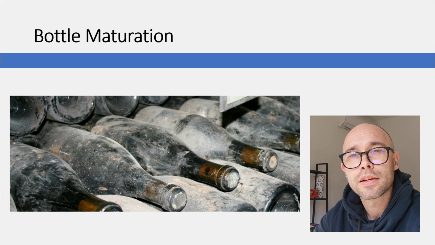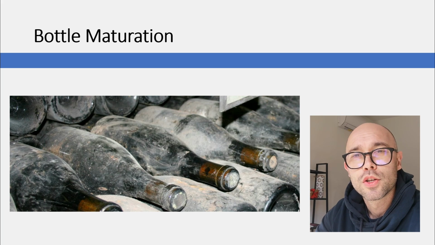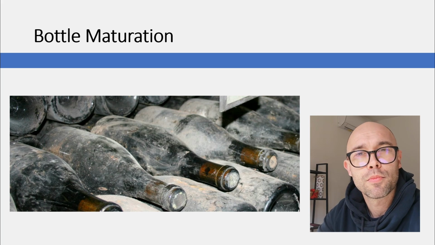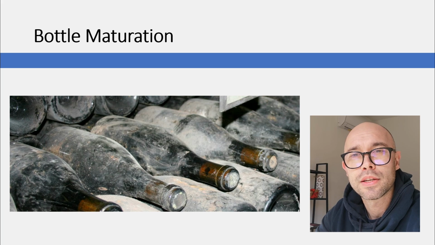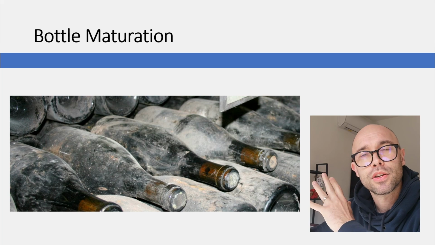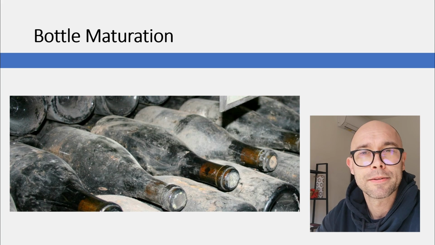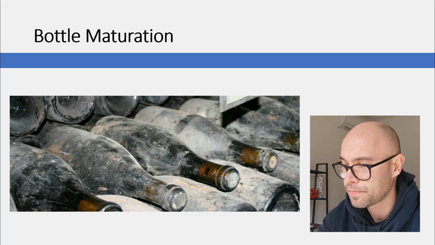White wines gain color. They start with lemon, go to gold, then amber. And the primary fruit flavors get tertiary flavors of dried fruit, nuts, and honey, for example.